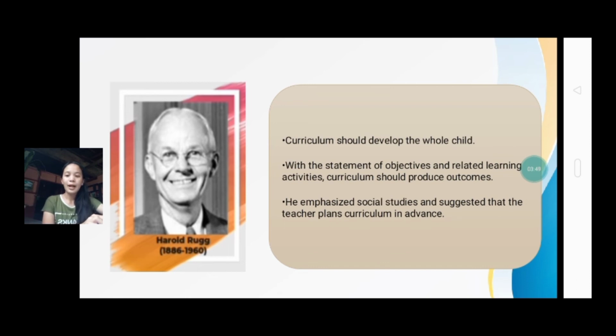This work had a major impact on progressive education. According to Harold Rugg, curriculum should develop the whole child. With a statement of objectives and related learning activities, curriculum should produce outcomes. And he emphasized social studies and suggested that the teacher plans curriculum in advance.